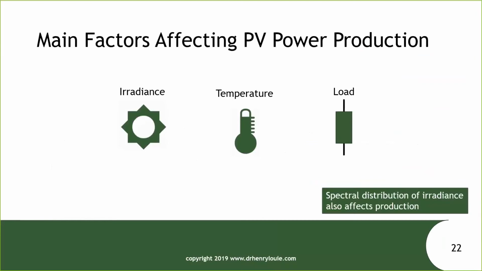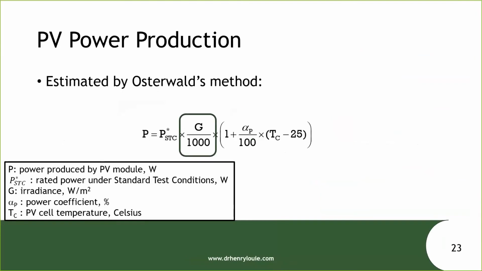So how we can do this, there's an equation called Osterwald's method that we can use to correct for it. I'll put it up here again, the book, and I have slides on my website that go into this in a little more detail. But basically, we take the irradiance that we have incident to the panel at any moment and divide it by 1,000, because that's the irradiance under standard test conditions.